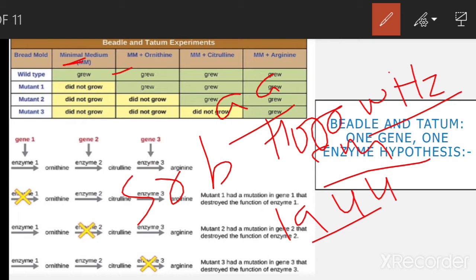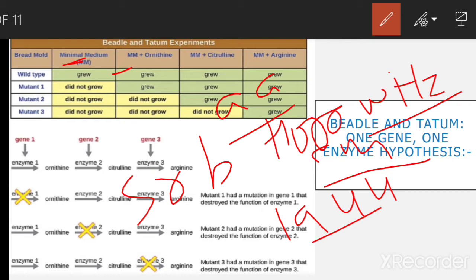Because as we know, Neurospora is a mold and it has two cycles, sexual and asexual cycle of reproduction, and it does produce spores. So Horowitz did nothing but grow the mold spores in different test tubes that consist of different media, called minimal media.